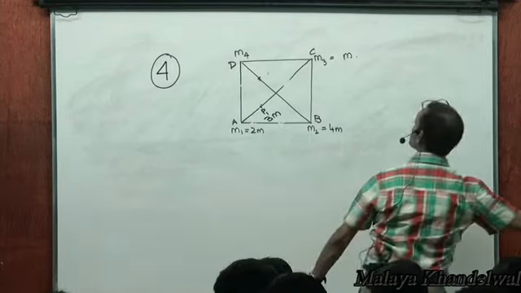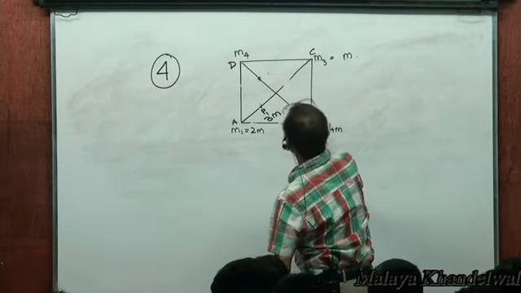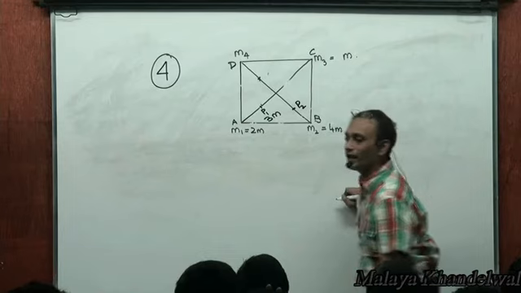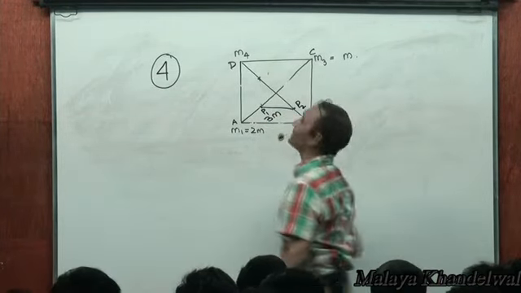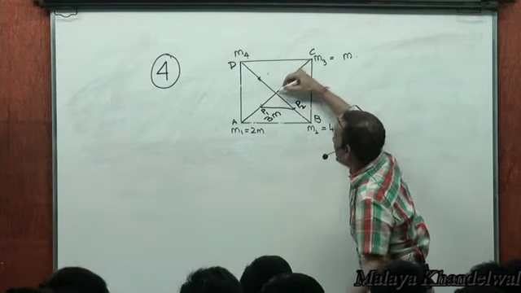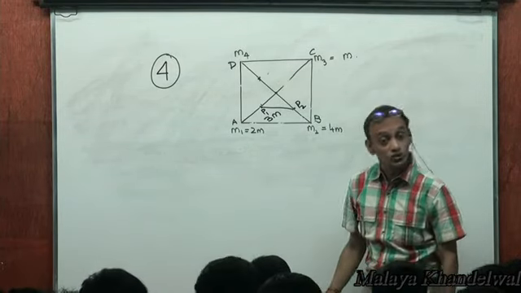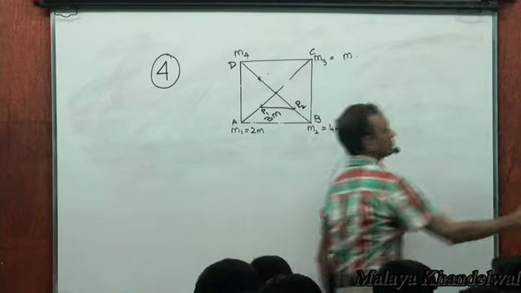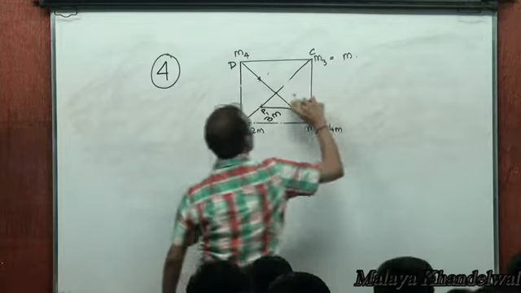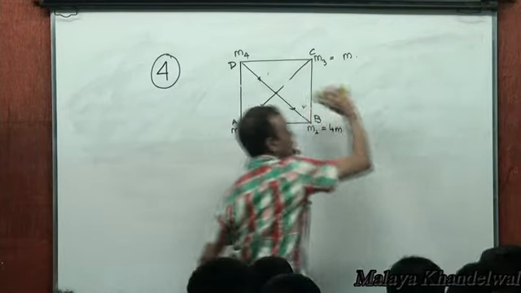Now suppose M4 was smaller than M2, then the center of mass of M4 and M2 would lie somewhere here, in which case the center of mass of the system would lie somewhere here, which again does not include the center of the square. Not possible. Suppose M4 was equal to M2.